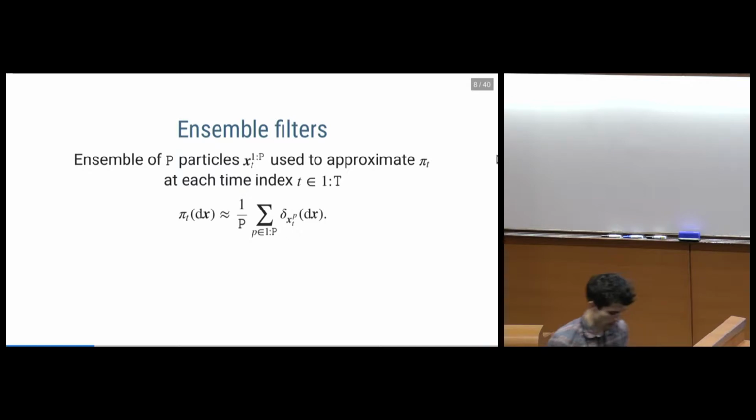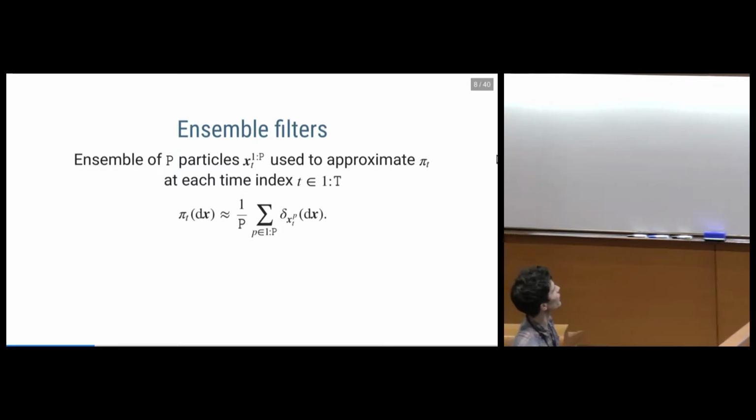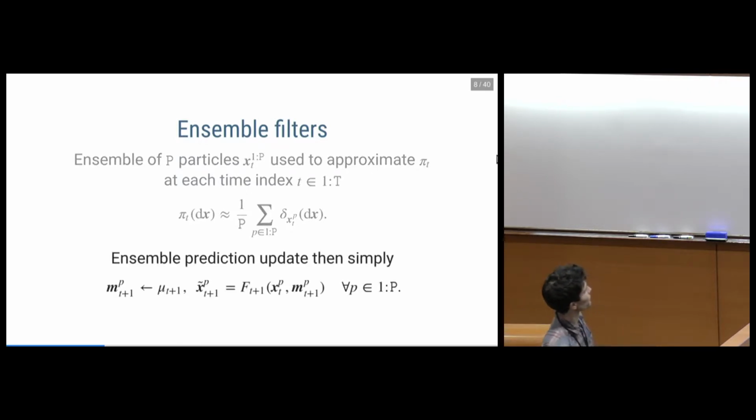The class of algorithms that I will consider are what I've denoted ensemble filters here. So that's algorithms in which we're representing the filtering distribution at each time index by a system of particles, such that we can make this empirical distribution approximation to the filtering distribution.